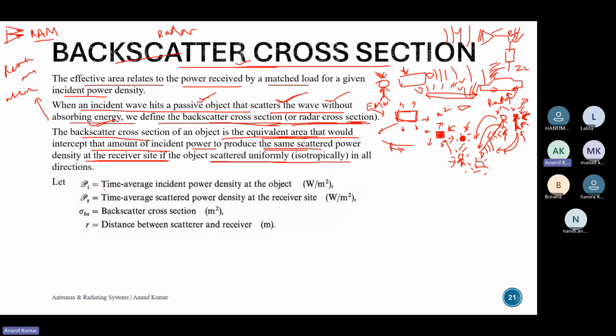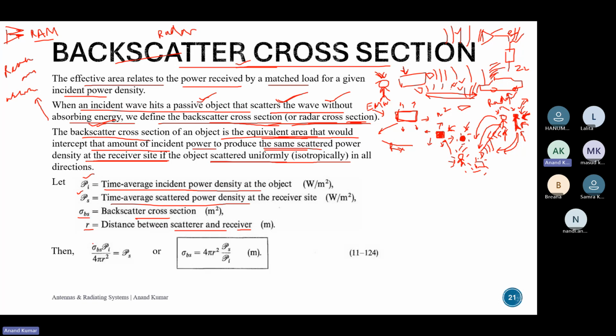So let's define the terms. The time average incident power density as pi, the time average scattered power density as ps, the backscatter or radar cross section as sigma bs, and the distance between scatterer and the receiver r.